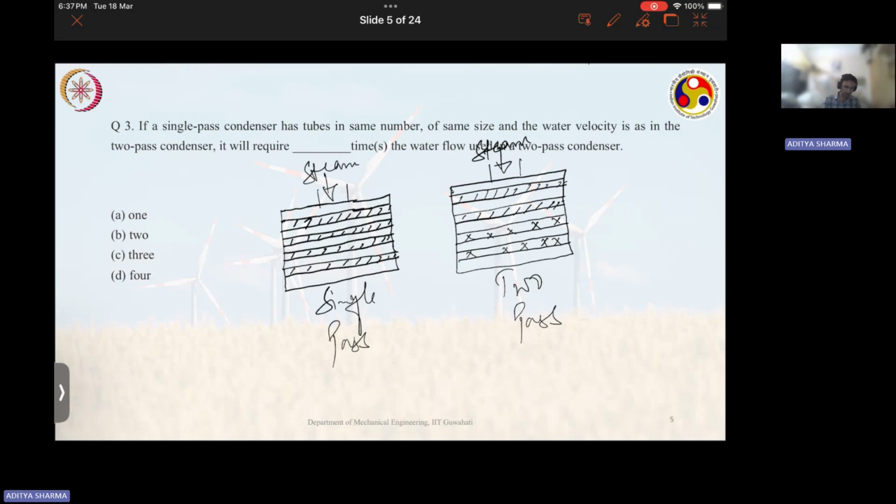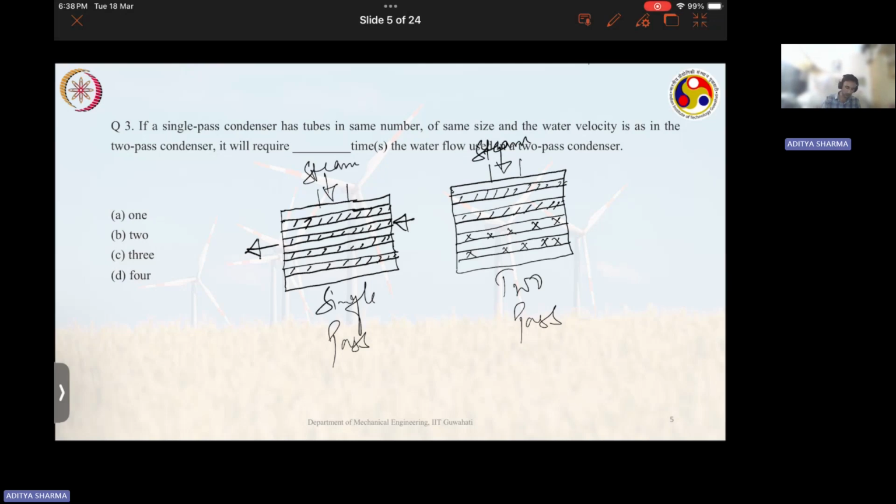So what happens in single pass is that if you have cooling water moving through these tubes, it will pass only once. So there will be no second time of this same cooling water passing through any other tube.